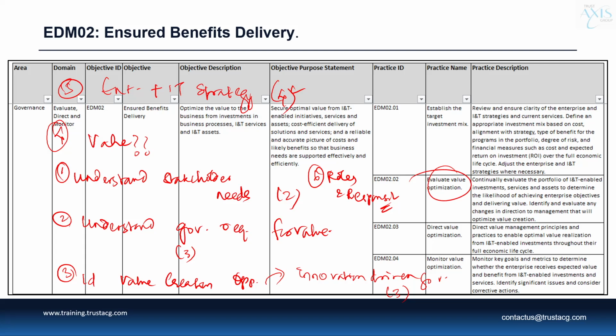So here you are reviewing your investment and financial management discipline within the enterprise, and it will help you to achieve at least a maturity level of 4.